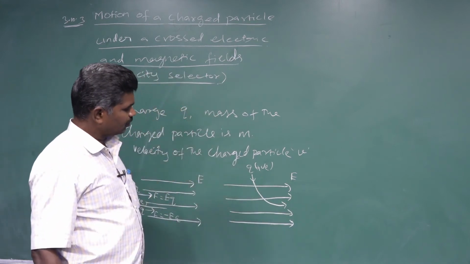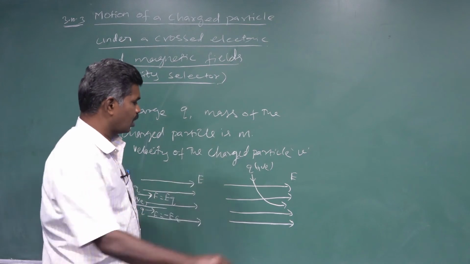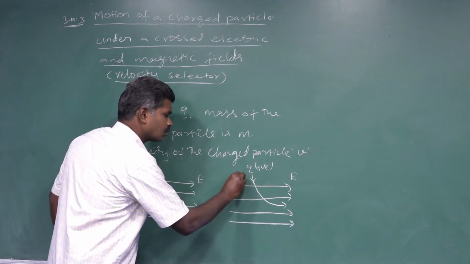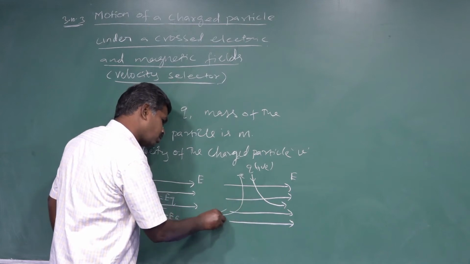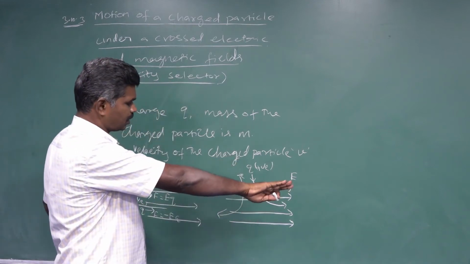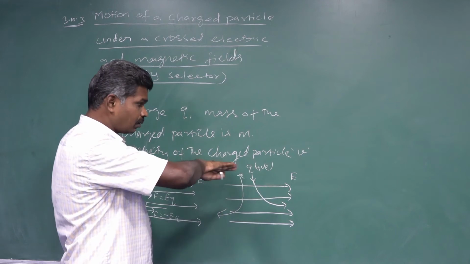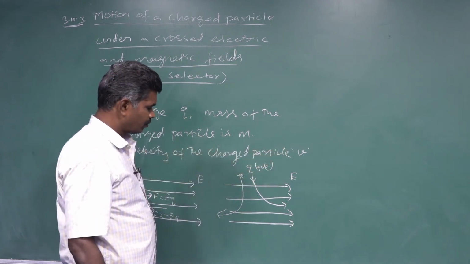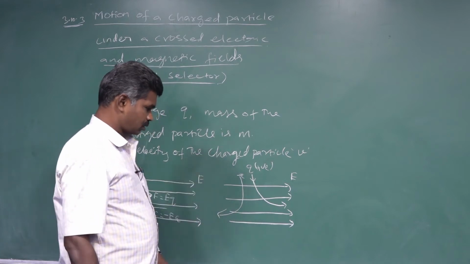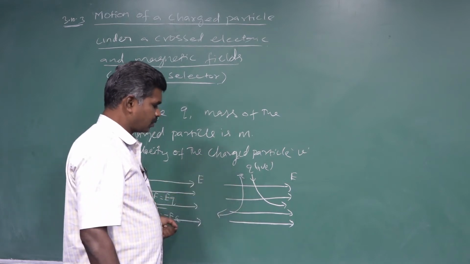Suppose the charge is negative. It turns and moves in the opposite direction, because on a positive charge the electric force acts along the electric field, and on a negative charge the force acts opposite to the direction of the electric field.